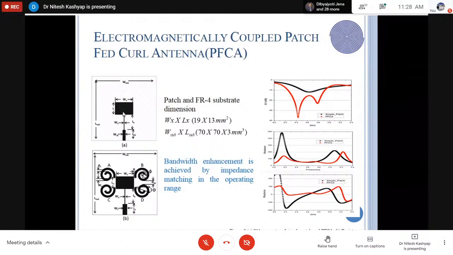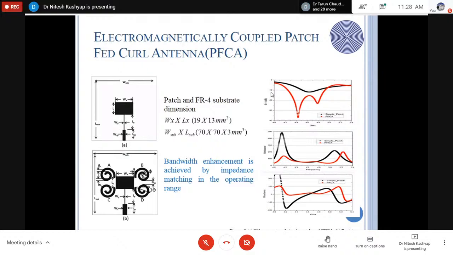this is the basic patch antenna, and this patch antenna has a feeding line. Okay, this is the 50 ohm microstrip line, and this is the quarter wave microstrip line. So the performance of the simple patch antenna we can see in the black one, the minus 10 dB.